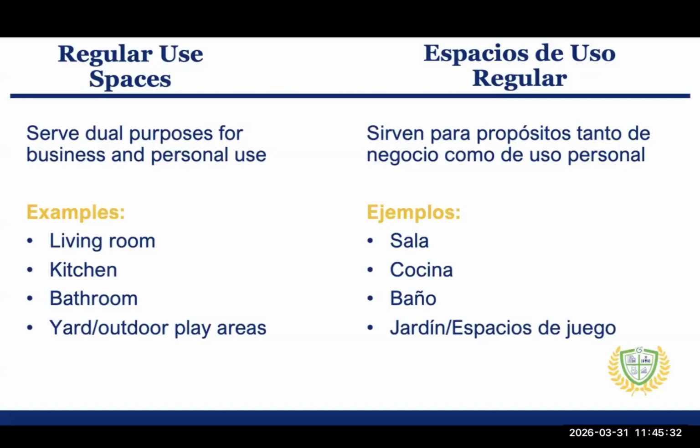Depending on how your home is set up for the childcare, you will have different regular use spaces. But the important thing to remember is, if you have a room or a space that you use both for business and personal, that's a regular use space.